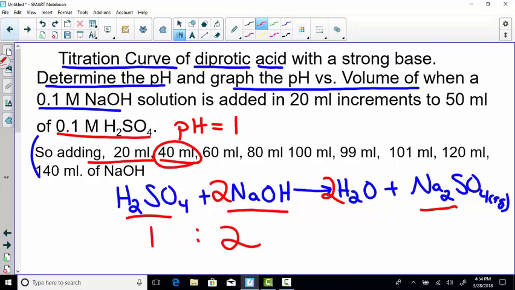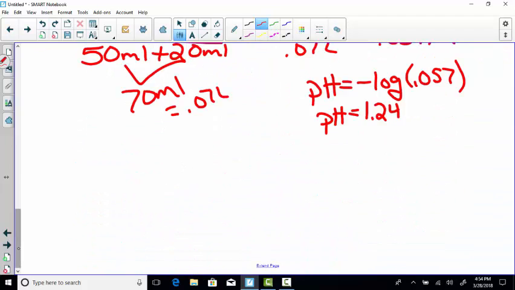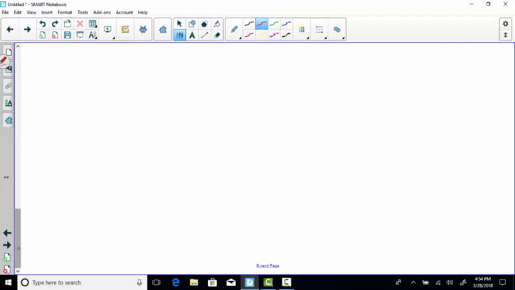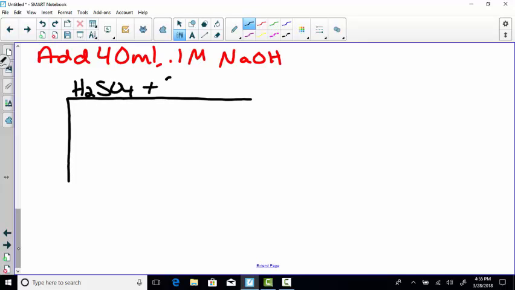Now we need to go to 40 milliliters. Okay? So I'm going to go to a whole new blank page. So now I'm going to add 40 milliliters of 0.1 molar NaOH. Okay? And we're going to start with our ICE chart, which is H2SO4 plus 2 NaOH.